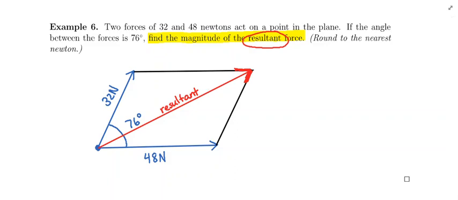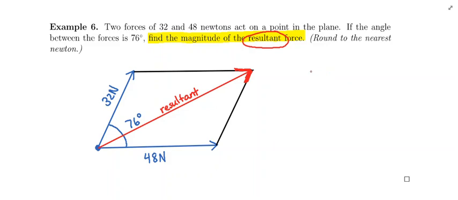So here's a couple of things you need to remind yourself of from geometry. If you are dealing with a four-sided object, like a square or a rectangle or a parallelogram like you have here, there are 360 degrees inside.